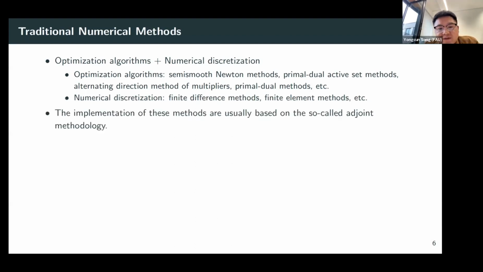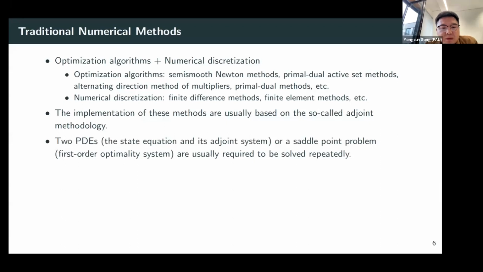The implementation of these methods is usually based on the so-called adjoint methodology. That means if we would like to derive the first order optimality system of PDE-constrained optimization, we always consider the adjoint system. So the two PDEs, the state equation and its adjoint system, or a saddle point problem, are usually required to be solved repeatedly, because we employ some iterative optimization algorithm, and at each iteration we need to solve such systems.